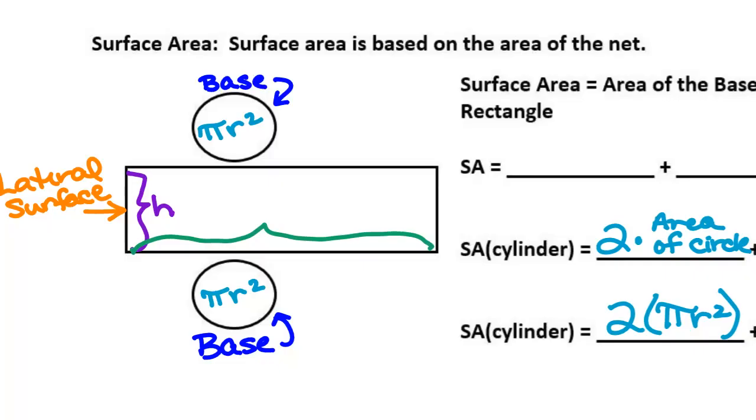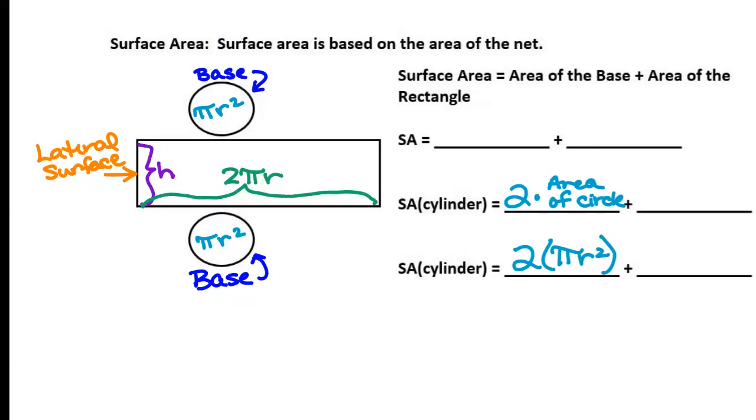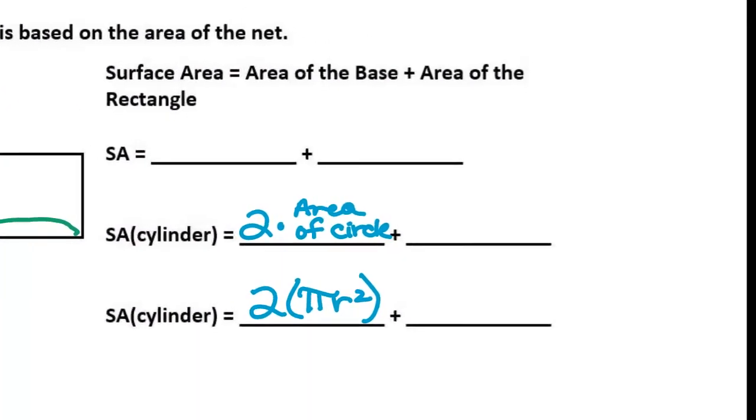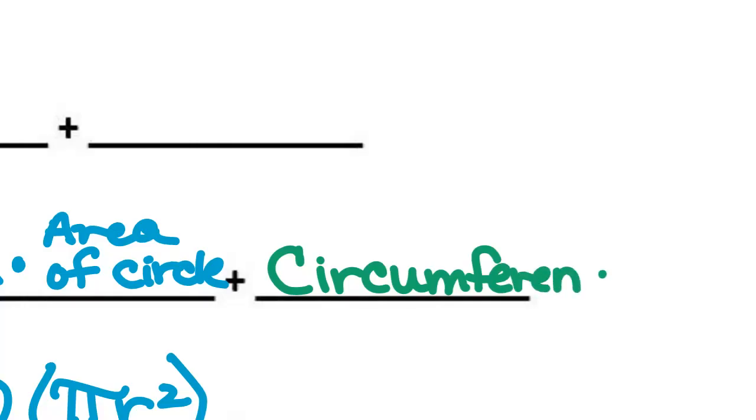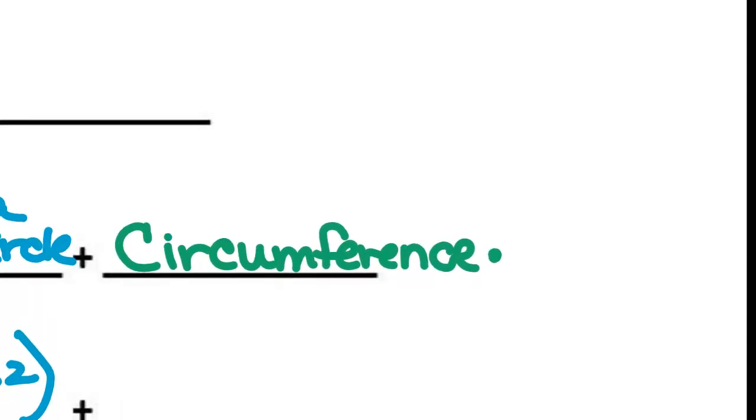So that bottom edge has to wrap around the circle base. So this is the distance around the circle, 2 pi r. And then to find the area of the rectangle, we would do circumference times the height.